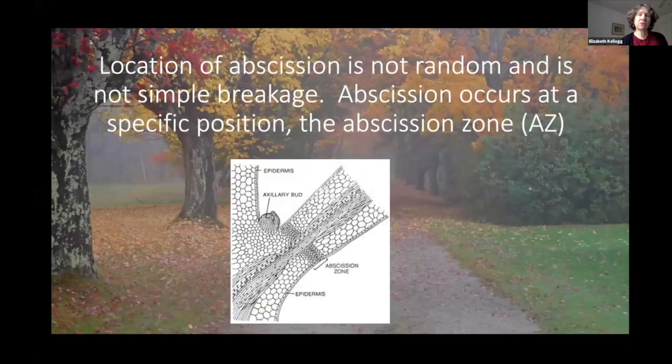So in general, the location of abscission is not random. It's not simple breaking. Abscission occurs at a very specific position, the abscission zone. The abscission zone, which is here from a diagram of the abscission zone at the base of a leaf where it attaches to the stem, is this little line of very small cells.